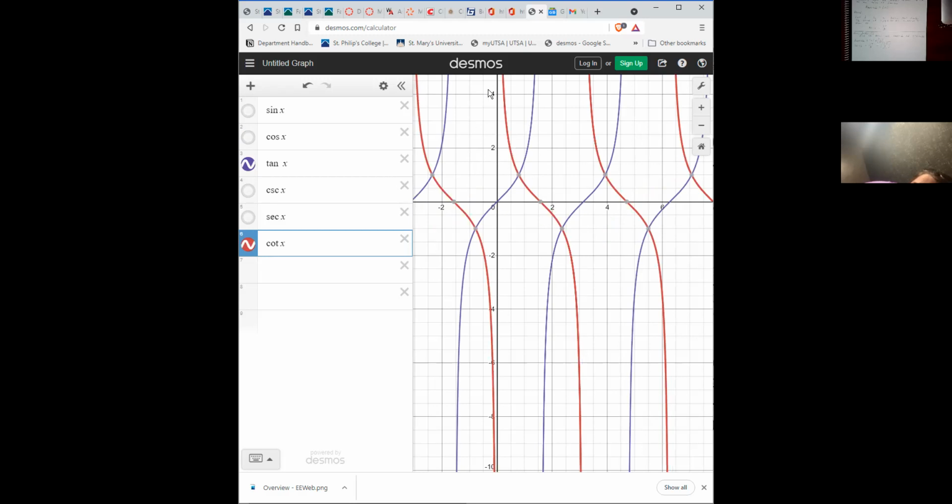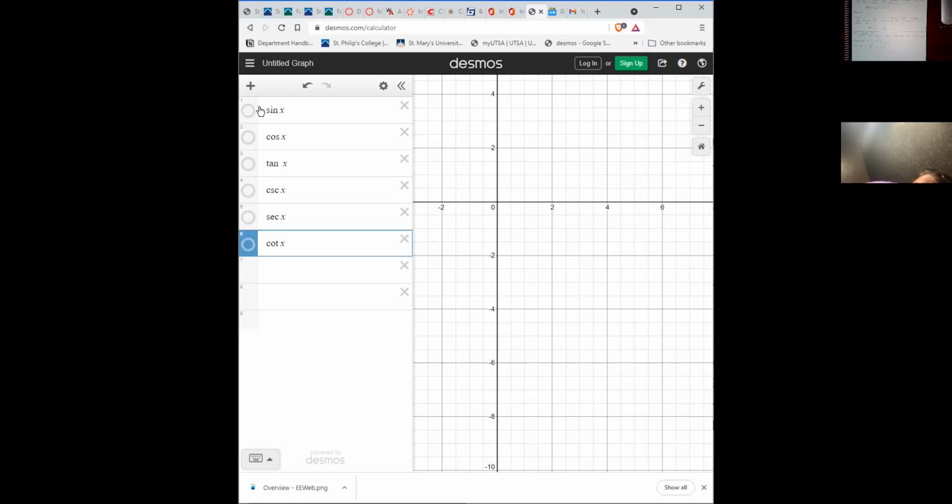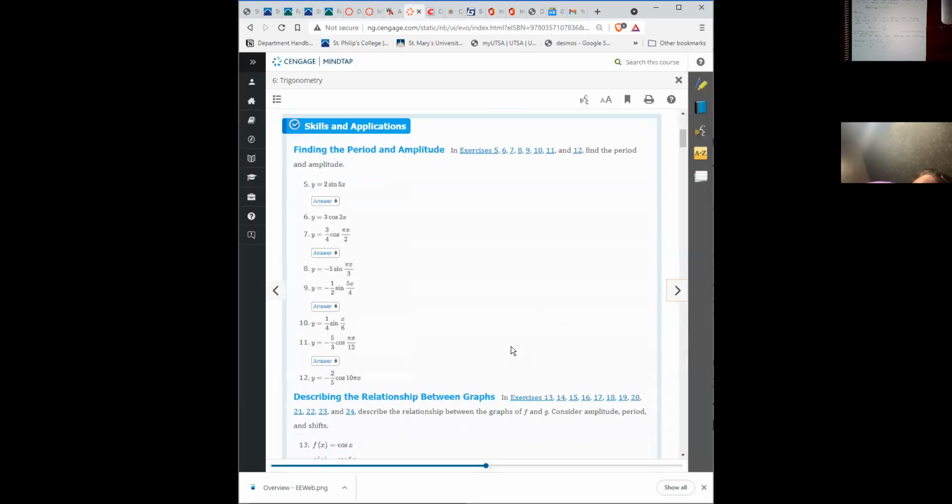They're almost like inverses of each other. But don't worry, I'm not going to make you graph these by hand. All you have to be able to do is know what the values are on the unit circle, be able to find amplitude and periods, and you should be good for that entire section.